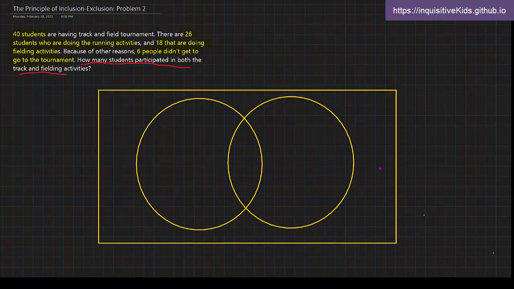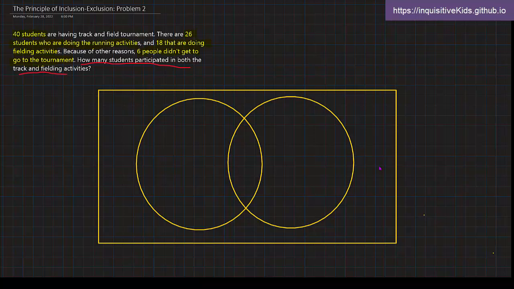So I added a rectangle around. You could have used any shape actually, but I just didn't use a circle because that would confuse me. So this was the Venn diagram that I drew. So what did you draw?